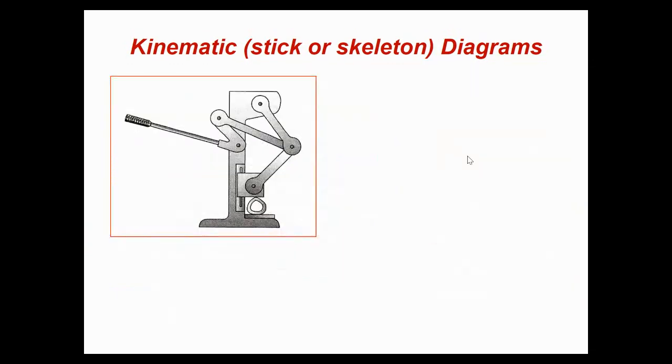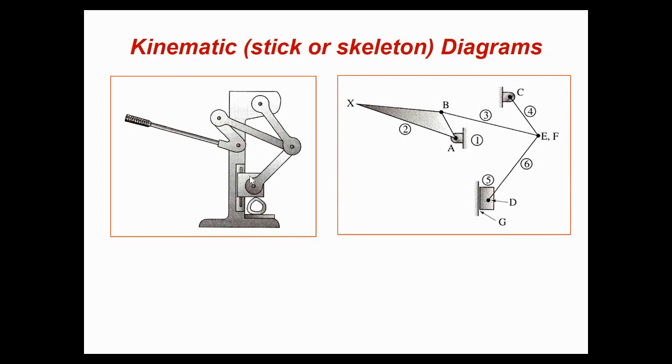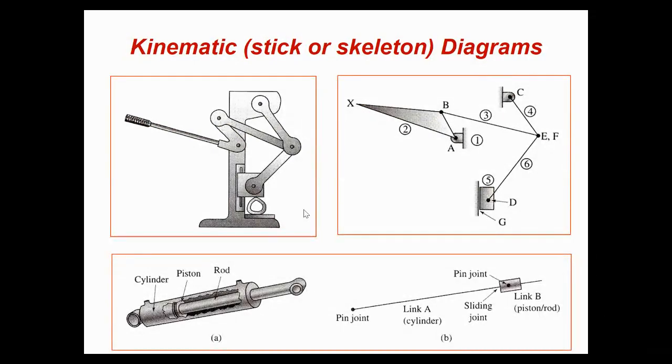The kinematic diagram is very much simplified. For example, if you have a hand press, the real drawing of the hand press, and the kinematic diagram of it is something like that. It is essentially, for our purposes, for the kinematic analysis, these two things are the same.